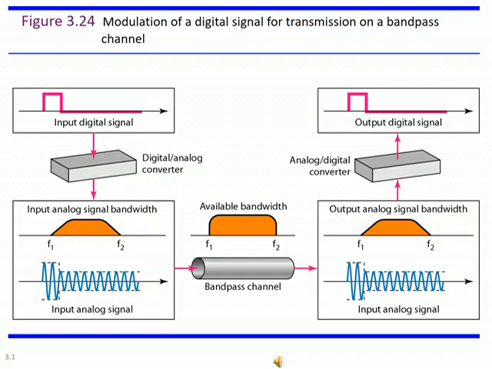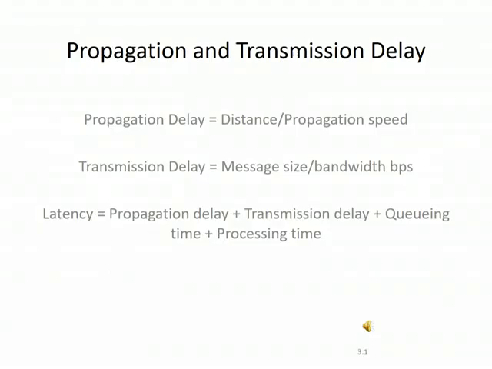When we are transmitting data, sometimes we face a delay. The propagation delay is influenced by the distance: when the distance is long, there is more delay. Also the propagation speed, the speed of the data, and the distance cause the propagation delay. Similarly, the next one is the transmission delay.